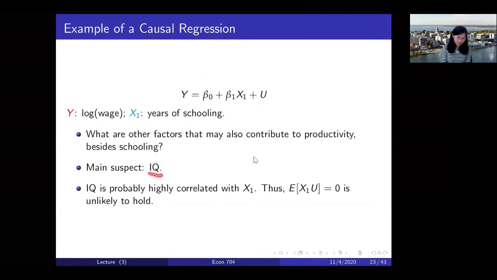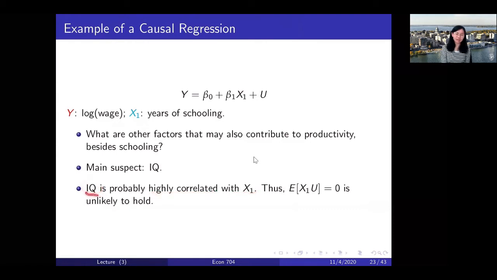If you know anything about the education system in the United States, you know education is chosen by individuals out of their own free will. And it's also a result of the matching between the schools and the individual. There are many reasons to believe that IQ is highly correlated with education. Students who have higher IQ find schooling easier and therefore go on for more years.